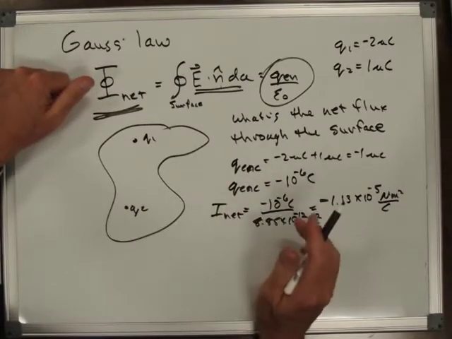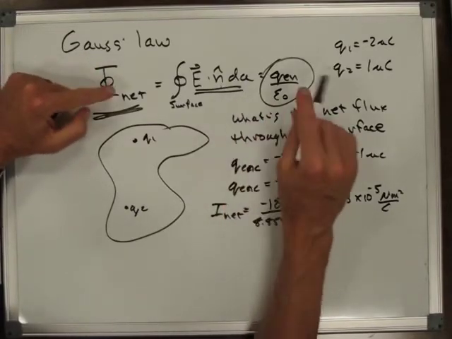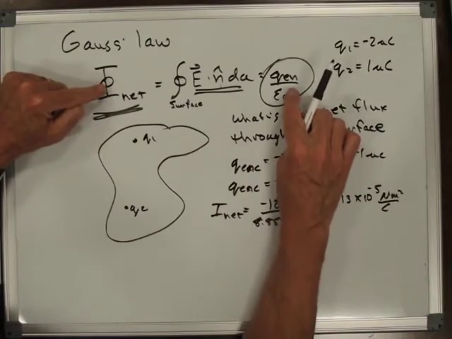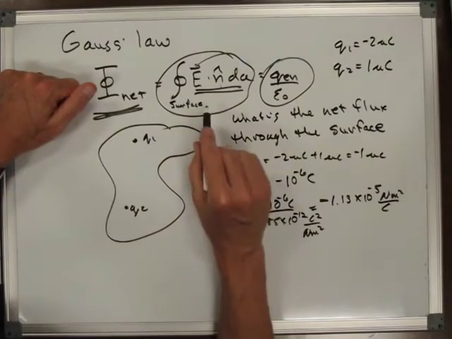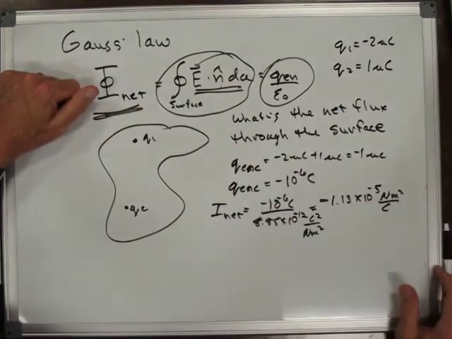And so if you're just calculating the flux on something, it's often easiest just to take these two pieces of the equation. Usually we're only grabbing this part of Gauss's law when we're evaluating an electric field. Right? That's what that one's for, most of the time.